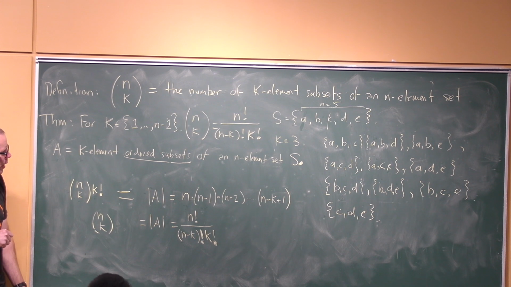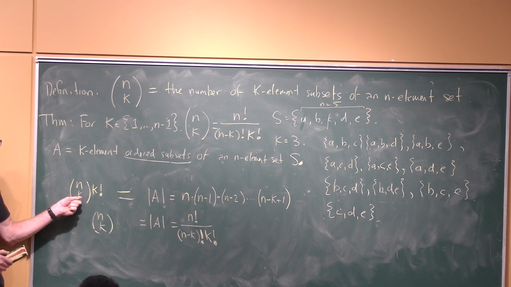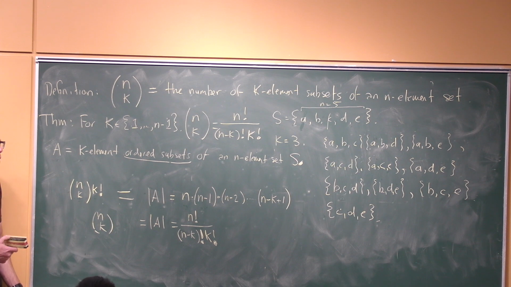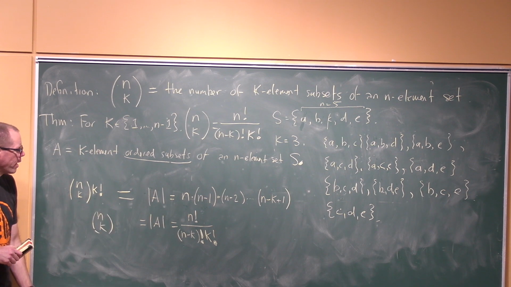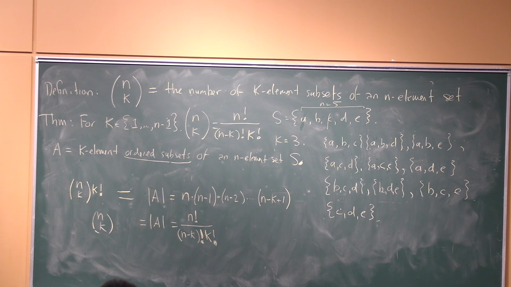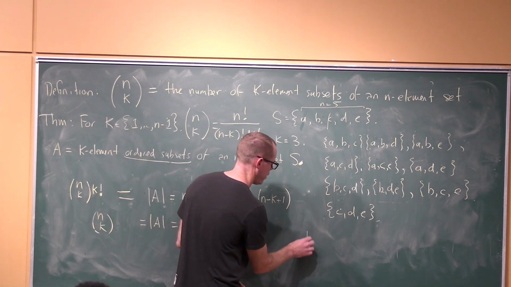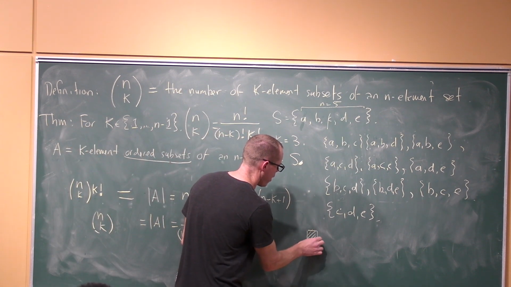And in this case, this is the thing we wanted to learn, n choose k, and now we know what it is. The way we got there is by counting the size of this set A. Now, if that bothers you, this sort of proof, or you have trouble getting your head around it, here's another way to think about it.